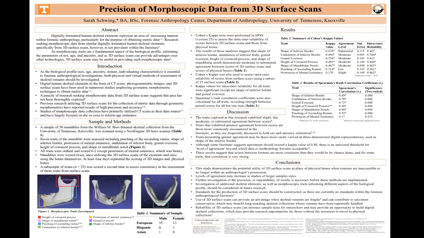What I looked at for that first comparison was consistency between dry bone and scans. So how am I scoring bones in these different formats? And this second test, where I scored a subset of 25 scans and compared them to the scans that I had taken the first time, was to get an idea as to my consistency in scoring scans.